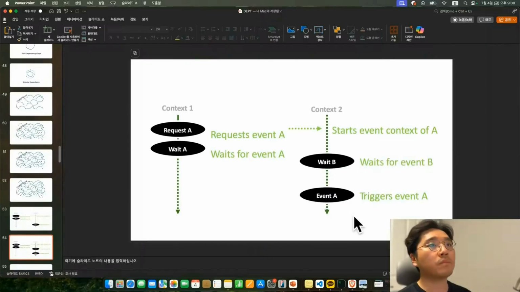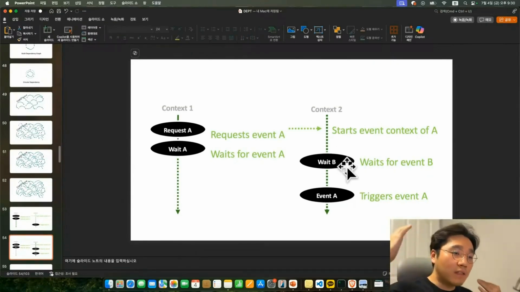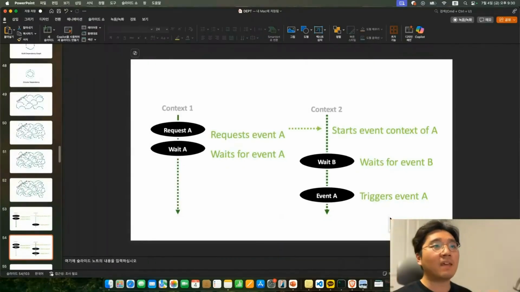So if they are waiting for this B, right? As you know, we defined, in depth we can draw some dependency graph. If event A occurring is dependent on event B, we can draw from A to B, right?